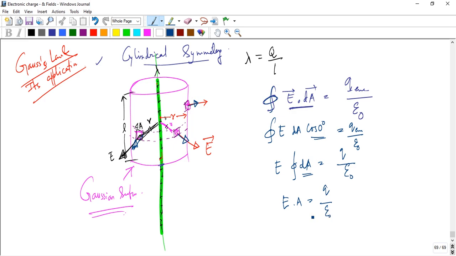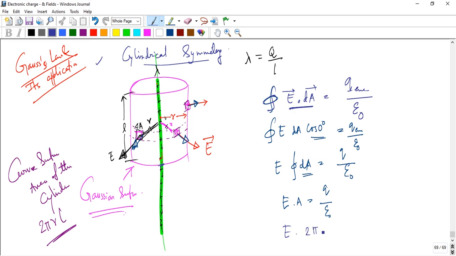So what is the value of A? It is the curved surface area of the cylinder, which is 2 pi r L, where L is the length. So E times 2 pi r L equals Q over epsilon naught.